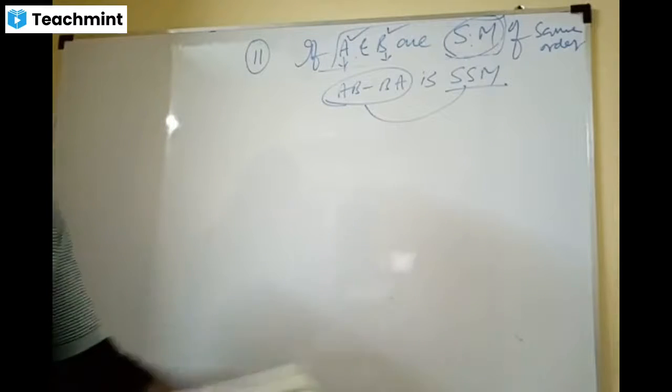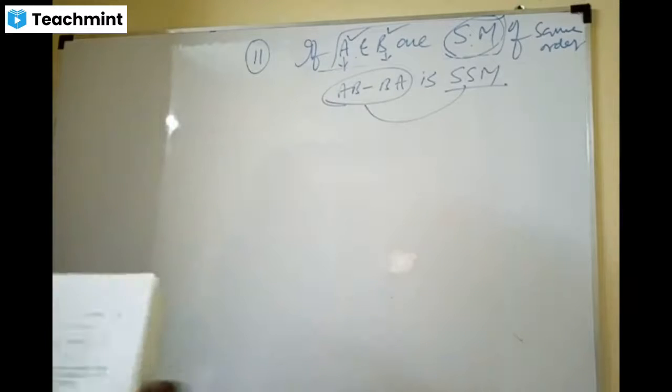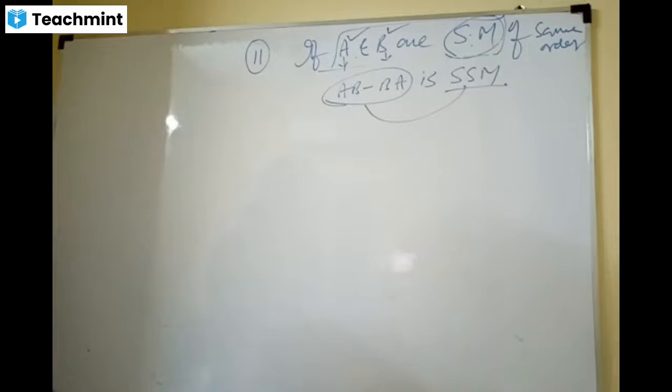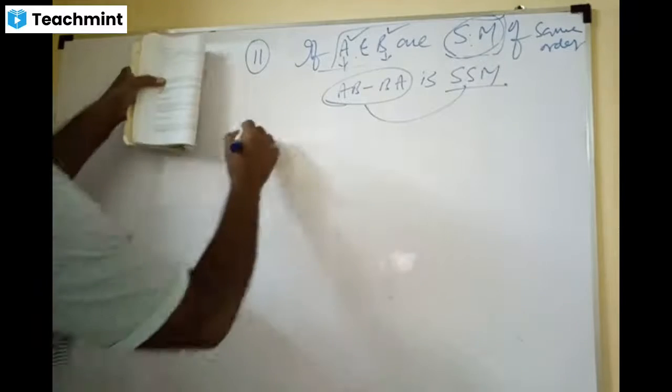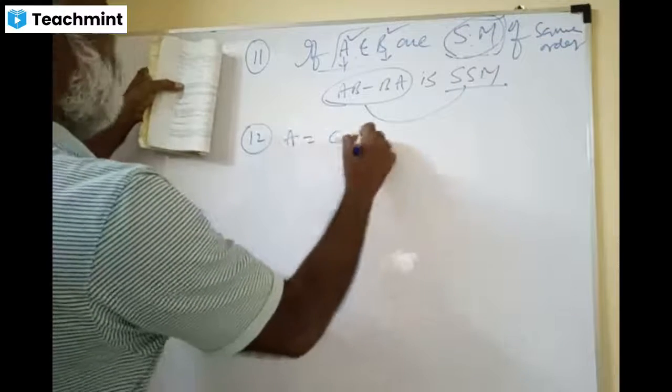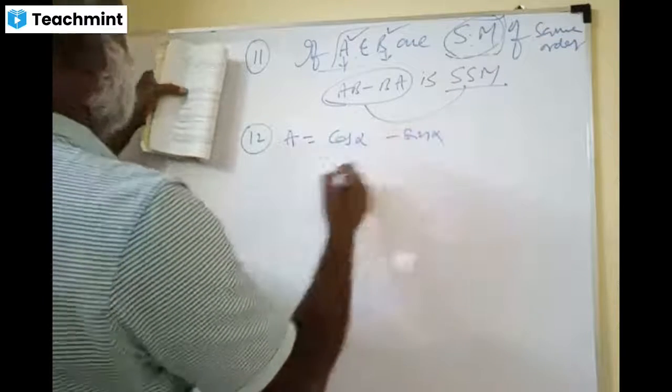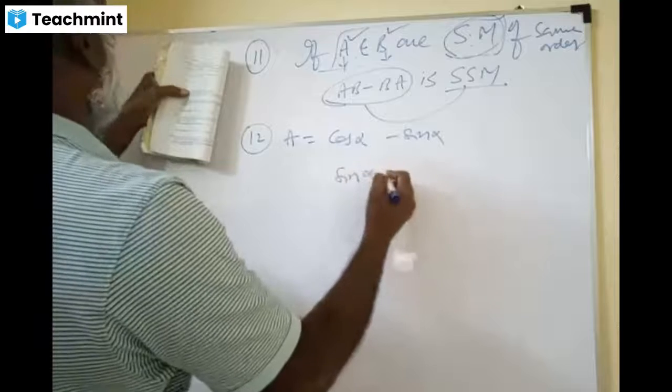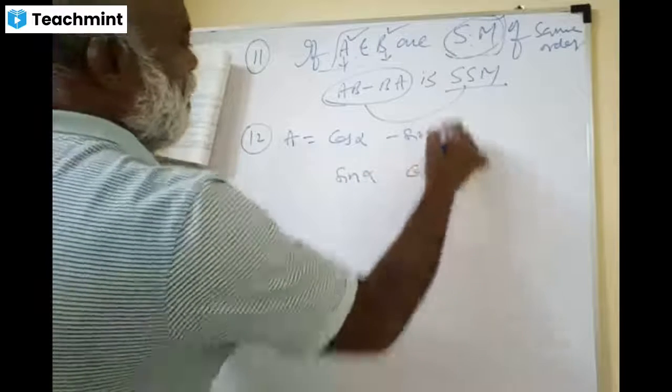That is question number 11. Question number 12 is the simplest one. The 12th one. A is given as cos alpha, minus sin alpha, and cos alpha.